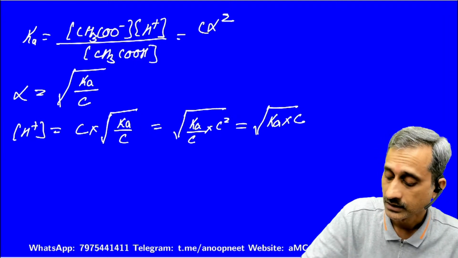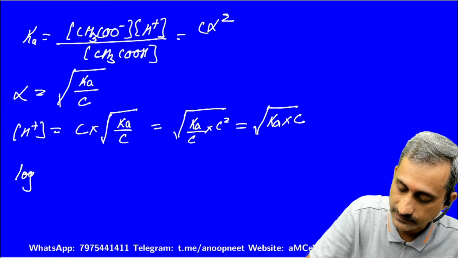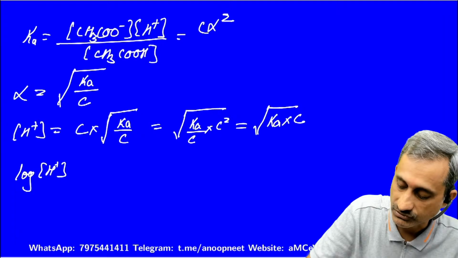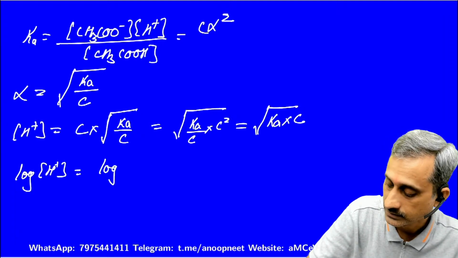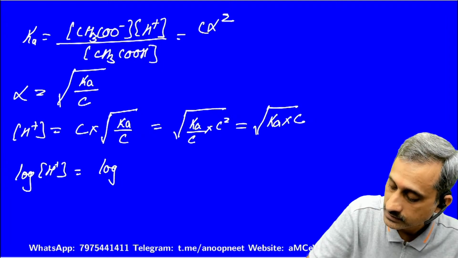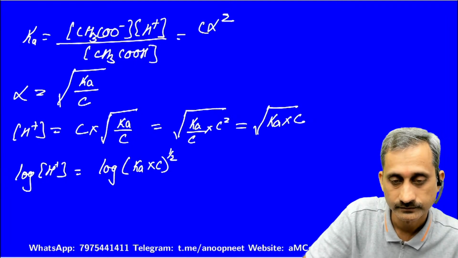Clear? Now if we want to find the pH, first let us find log H plus. Log of the concentration of H plus is going to be log of Ka multiplied by C raised to power 1 by 2.